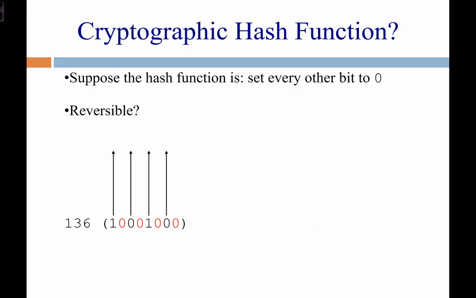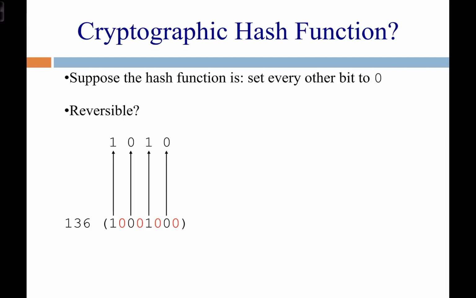Is it reversible? So if I know the hash is 136, can I reverse engineer, or can I guess what the original password was? Well, we can start. If you know what the hash function is doing, I know that it's setting every other bit to 0. So that means I know that the original password at least has a 1, a 0, a 1, and a 0 in the first, third, fifth, and seventh bits.